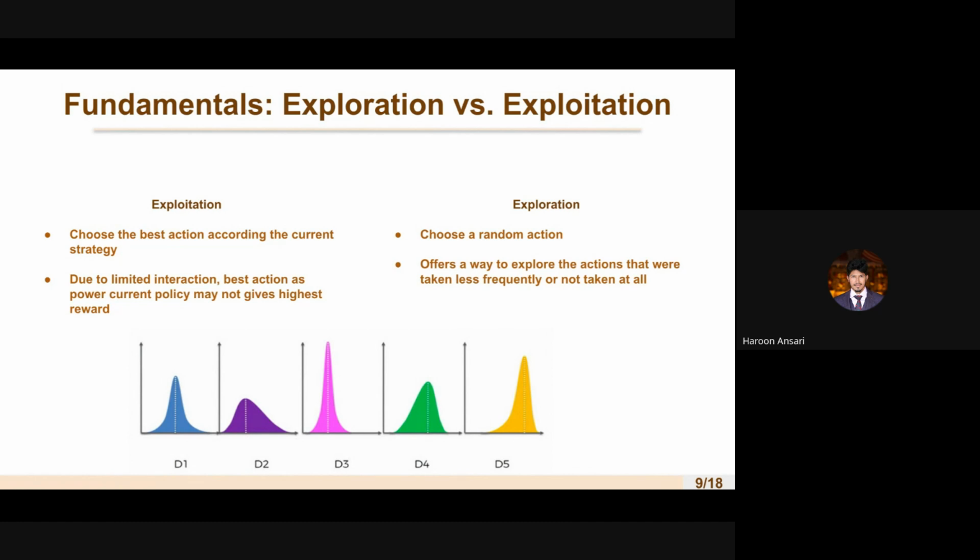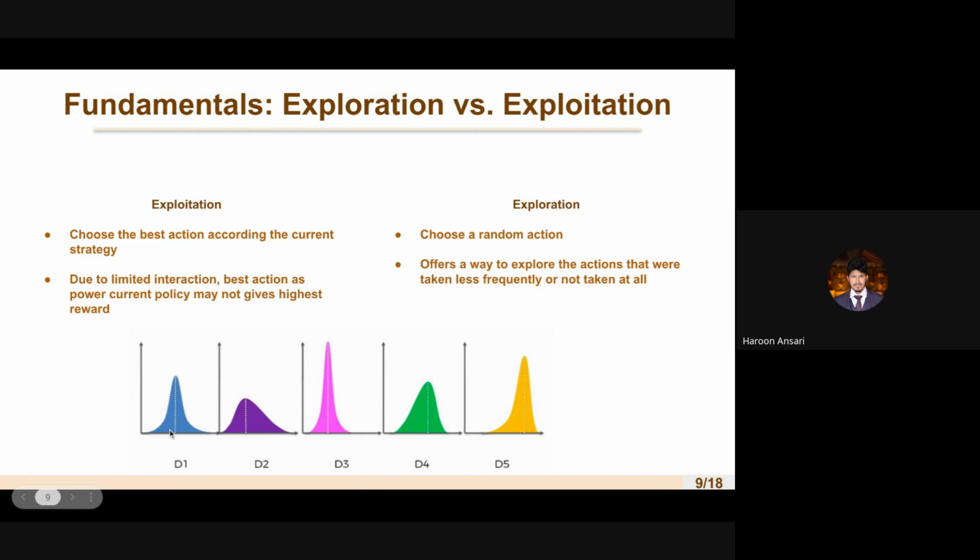Now consider a real life scenario where many actions are possible. Let's say these are the different actions, d1 up to d5. Reinforcement learning is all about learning with interaction. So you start learning, and so far you have taken only two actions, d1 and d2. You have not taken any of the remaining actions.